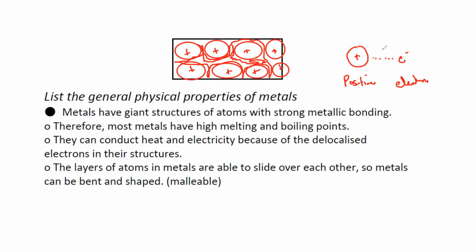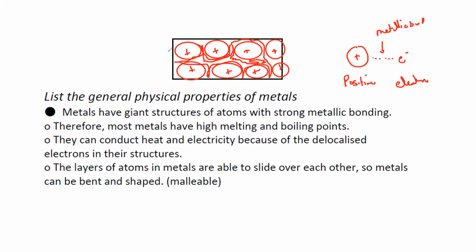We call this attraction a metallic bond, and this metallic bond is very strong. That's why, except for mercury, most metals have a high melting or boiling point.